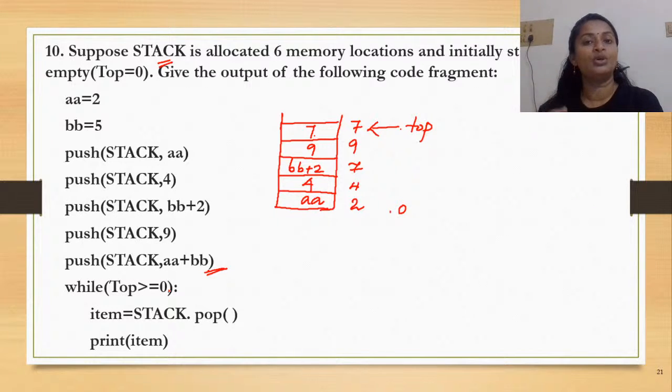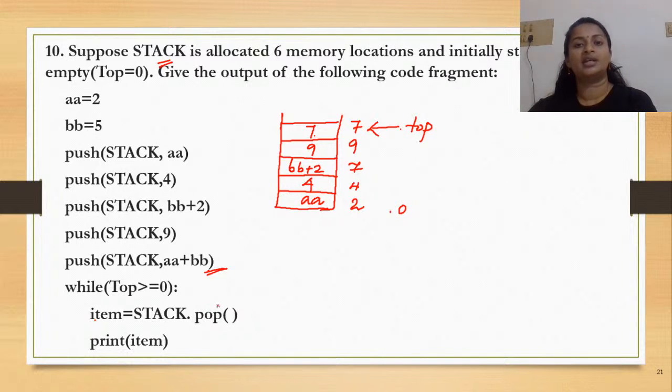So when you try to invoke the method pop, what happens? It would delete the element and return the element, right? It could delete as well as return the value. This value would be saved onto item, and when you try to print item, the value that was just deleted would be printed on the screen.